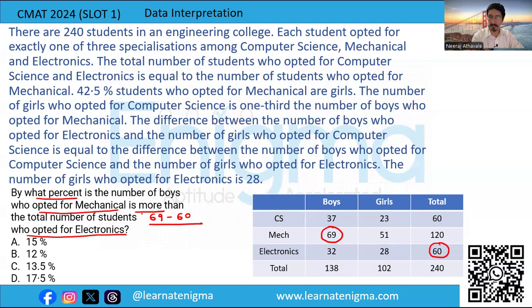Whatever value we are comparing it with should come in the denominator, so whatever is there after than. After than we have number of students of electronics, so electronics is 60 into 100. So that will be our equation. So 9 upon 60 into 100. Zeros get cancelled out. 2 3s are, 2 5s are, 3 3s are, so 3 5s are, we get the answer as 15%. So answer will be option A.